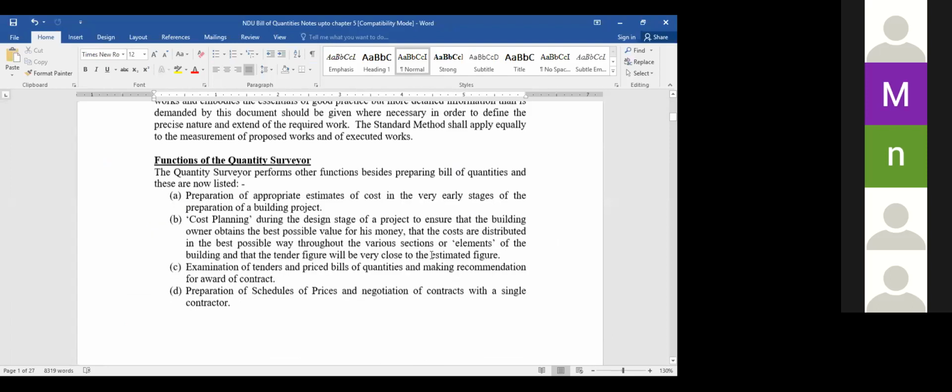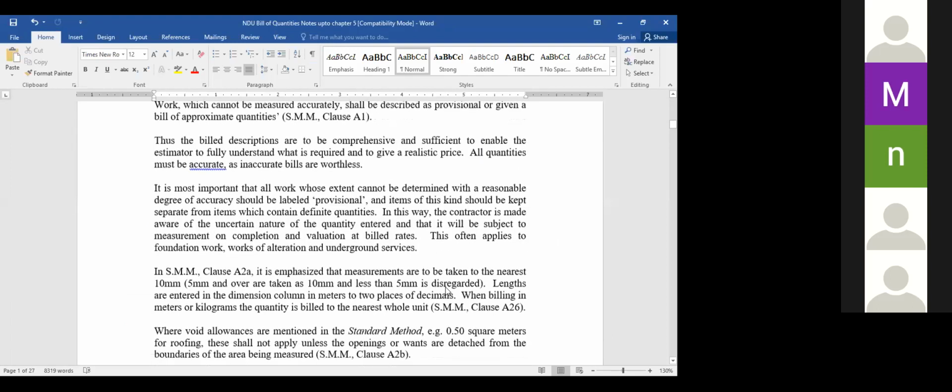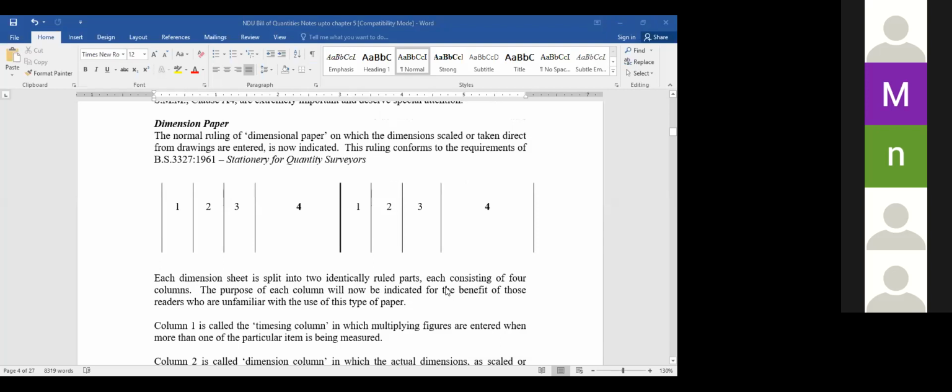Okay. Let's get back to our dimension paper. Now, for our dimension paper, we have our sheet of paper. Maybe if you had a sheet around, it would help.